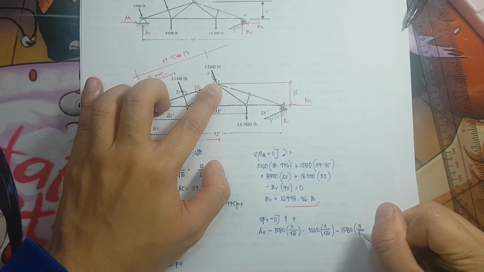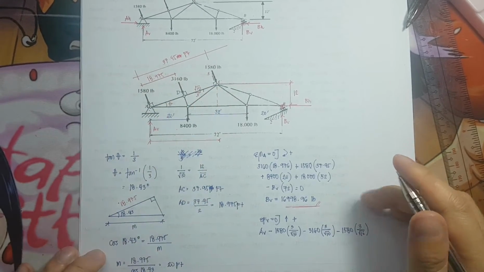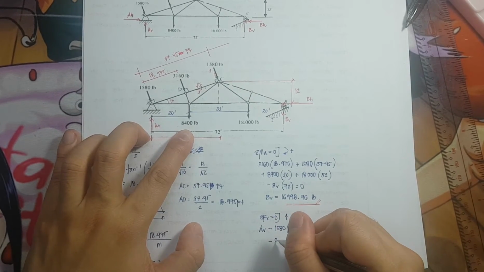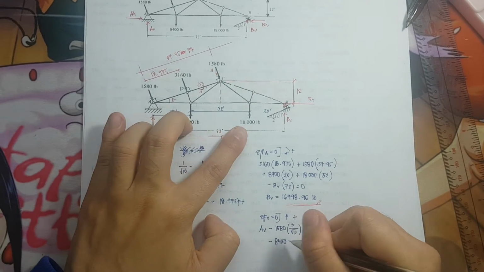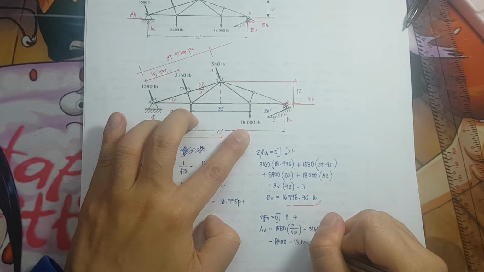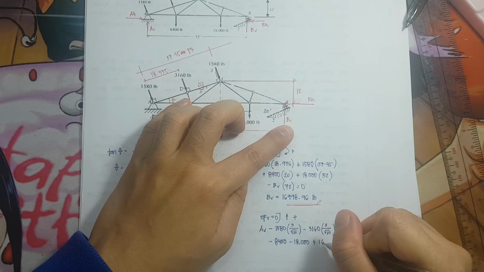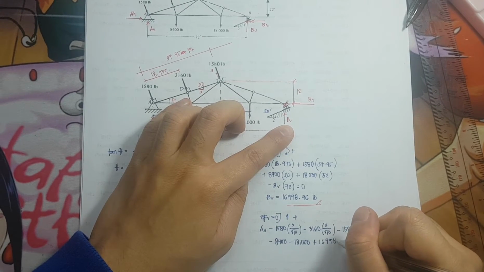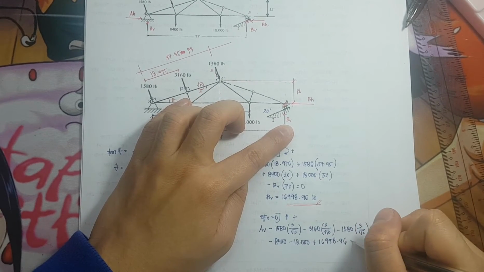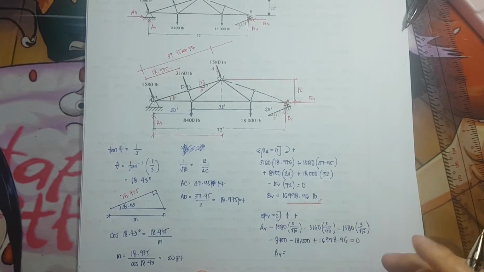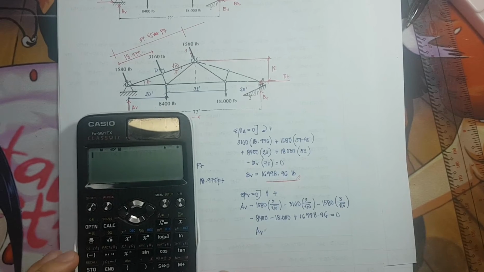minus 1,580 times the vertical component of the slope, which is 3 over the hypotenuse of 10, and minus 8,400 minus 18,000 plus the B vertical plus 16,998.96, and that is equivalent to 0.